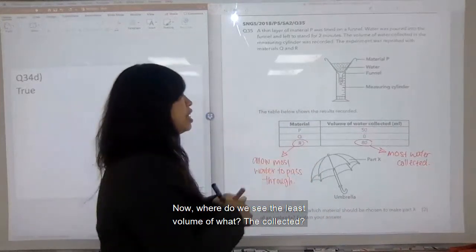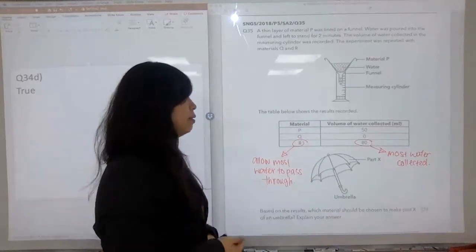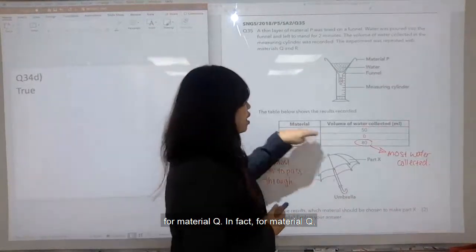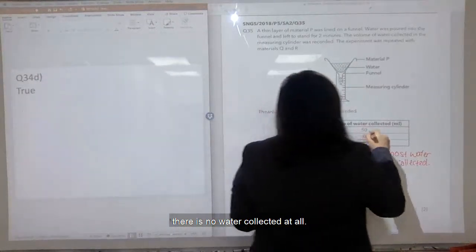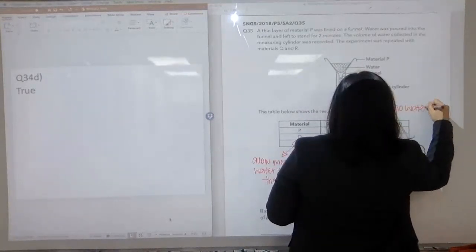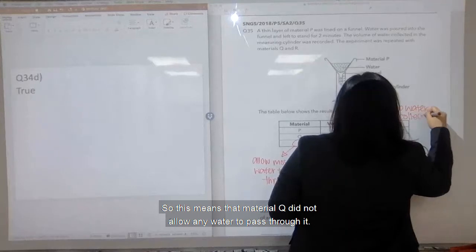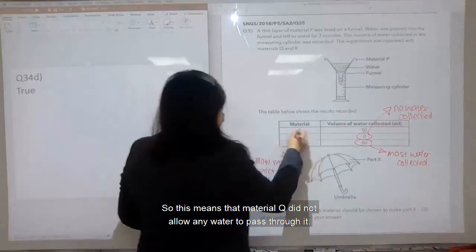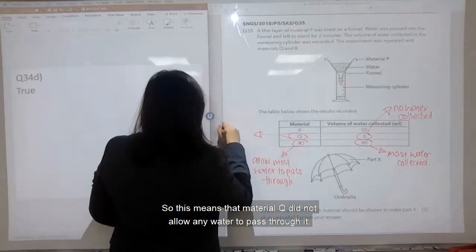Now where do we see the least volume of water collected? For material Q. In fact, for material Q, there is no water collected at all. So this means that material Q did not allow any water to pass through it.